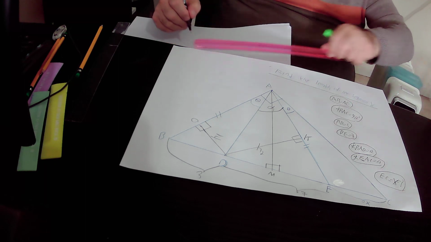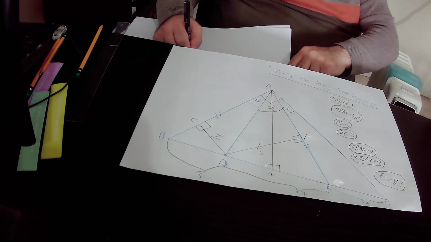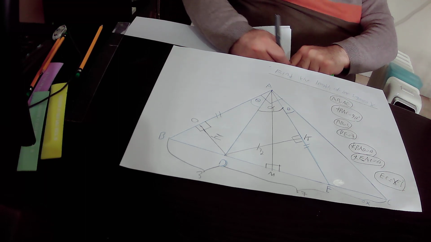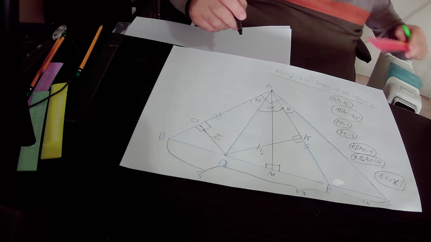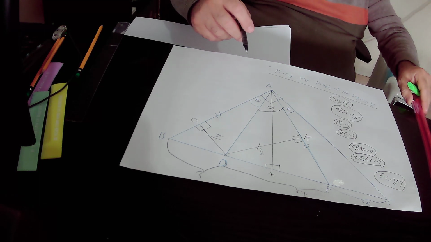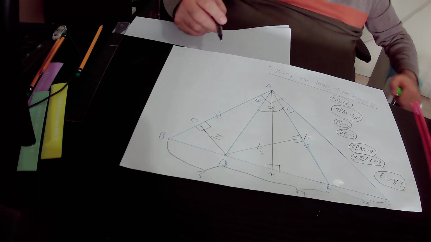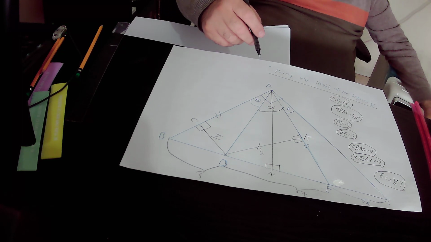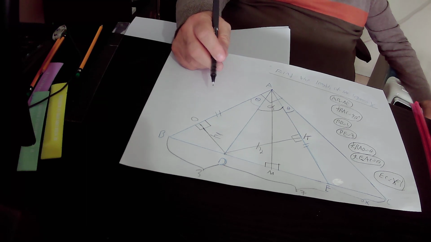So why is triangle ADE an isosceles triangle? Because of the fact that it is given in the question, it is actually triangle ABE. Triangle ABE is an isosceles triangle.